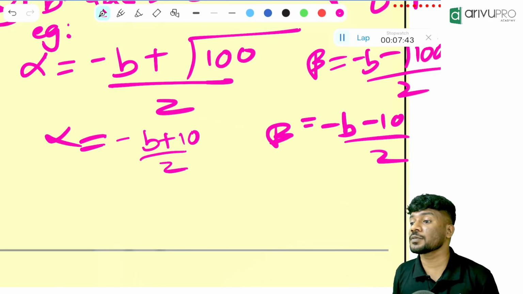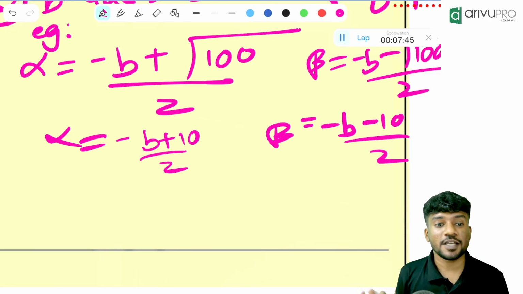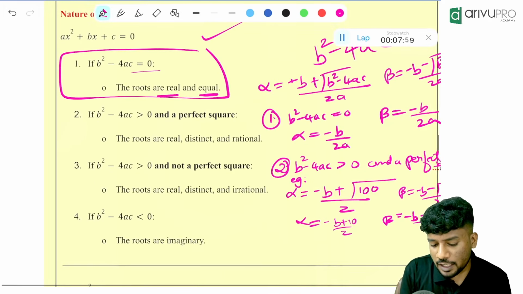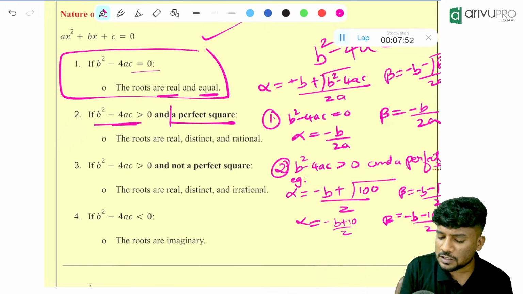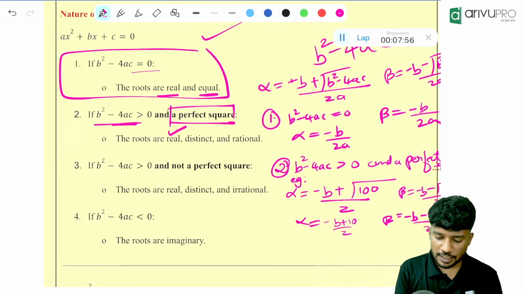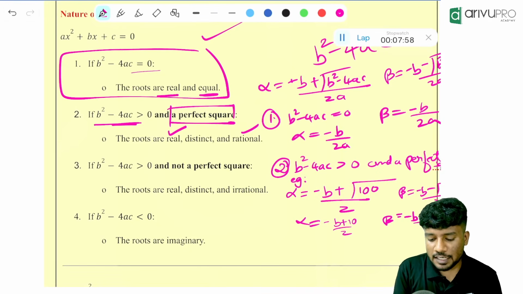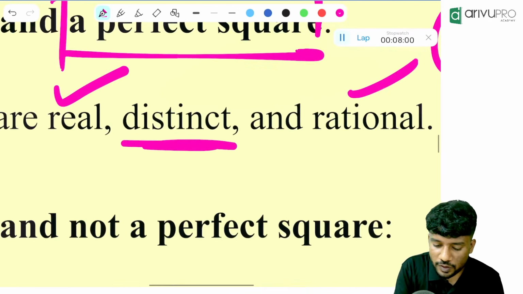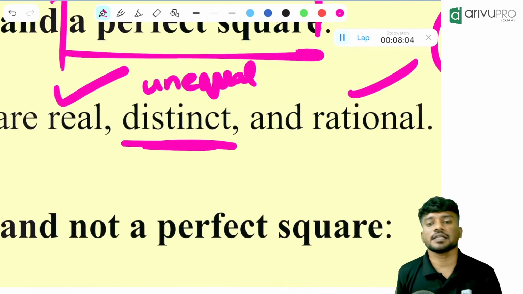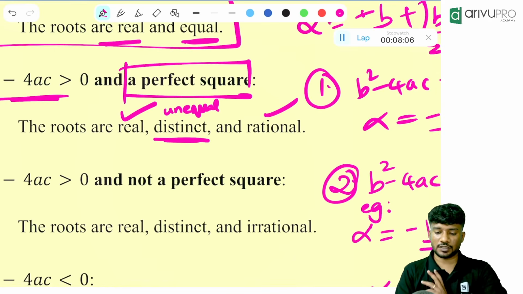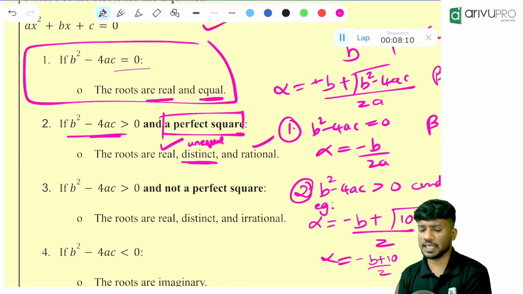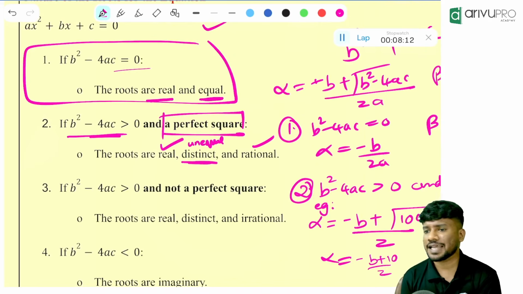5 plus 10 is how much? 15. 5 minus 10 is how much? Minus 5. So they are not equal. So people, whenever b square minus 4ac is greater than 0 and a perfect square, we will say that the roots are real, rational and distinct, or we can use the word unequal.